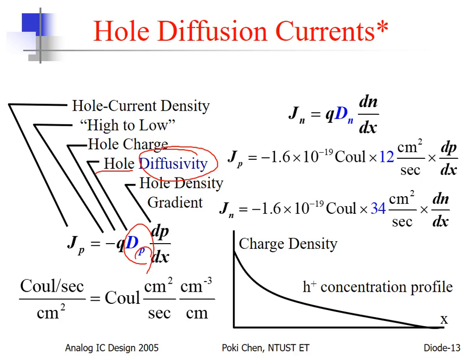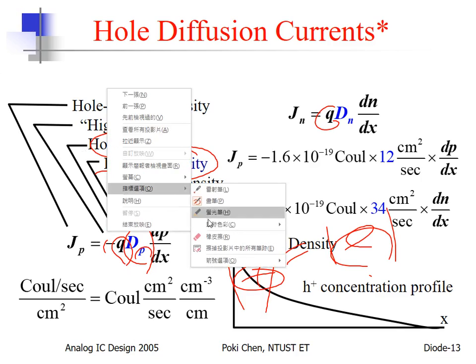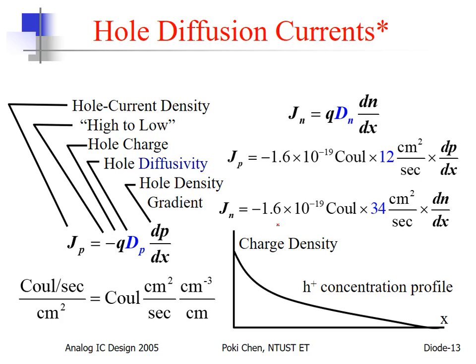And then for hole, because it carries one positive charge, the charge in magnitude is equal to electrons. So the q means hole charge, and this is the same q as the electron charge. The only difference is one is positive, the other one is negative. But again, you can see the slope here is negative, but the hole will diffuse to the right, positive.